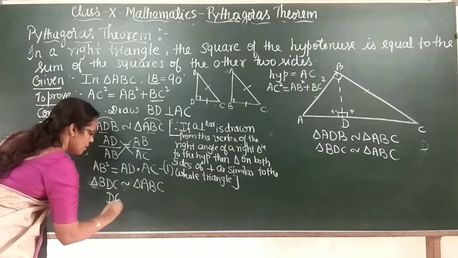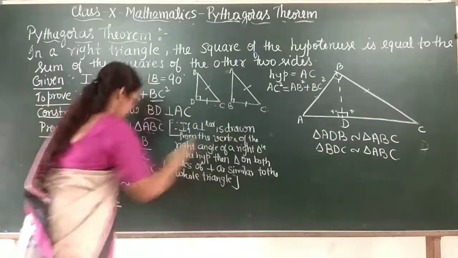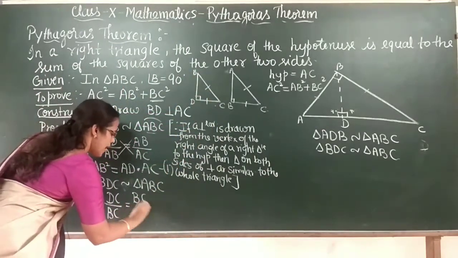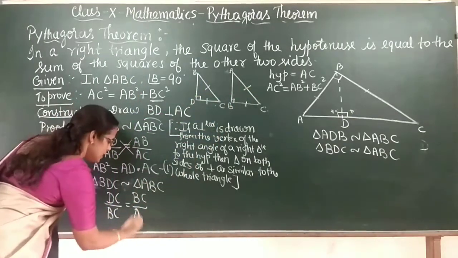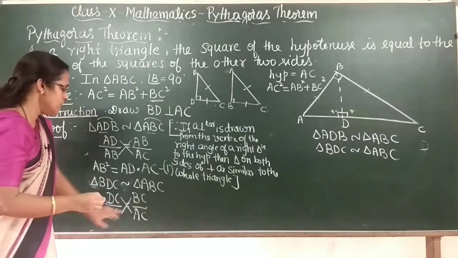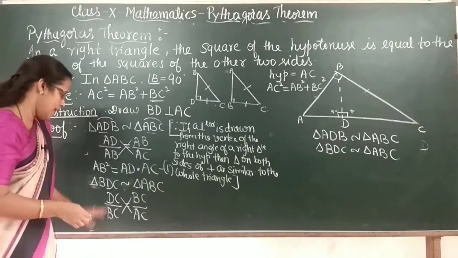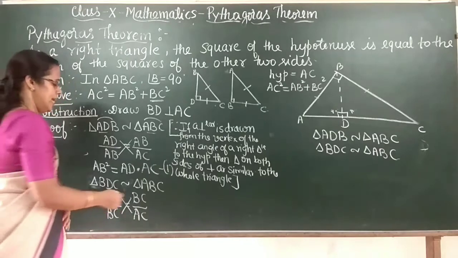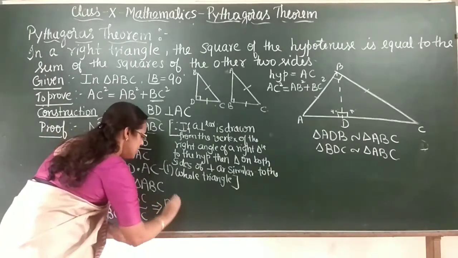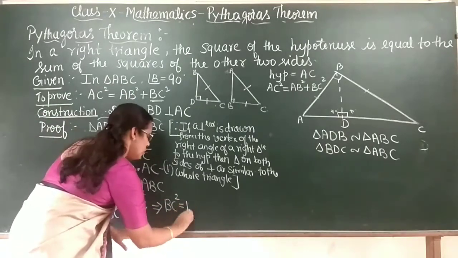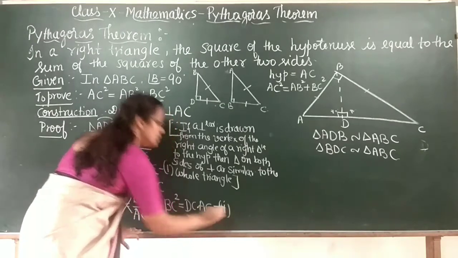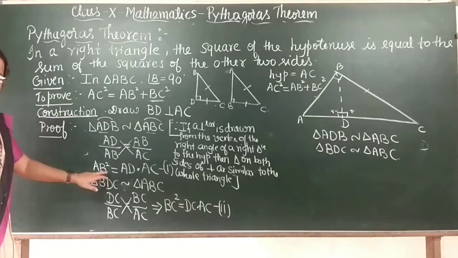DC by BC is equal to BC by AC. Now just cross multiply. BC into BC, BC square is equal to DC into AC. This is equation number 2. Is it okay?